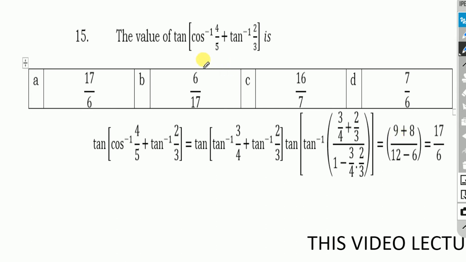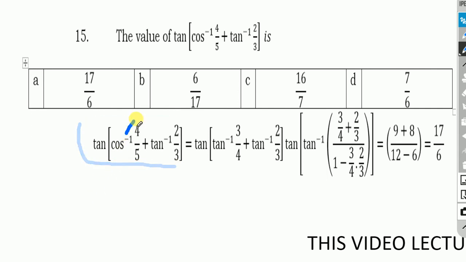Tan of cos inverse of 4 by 5 plus tan inverse of 2 by 3 is the given expression.